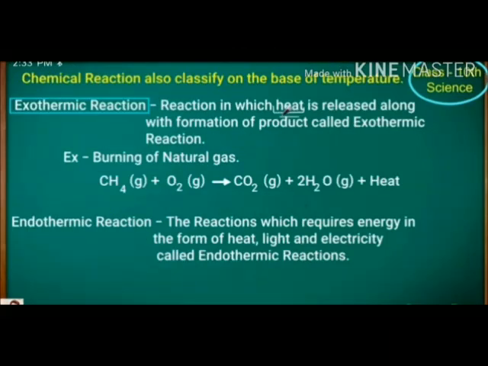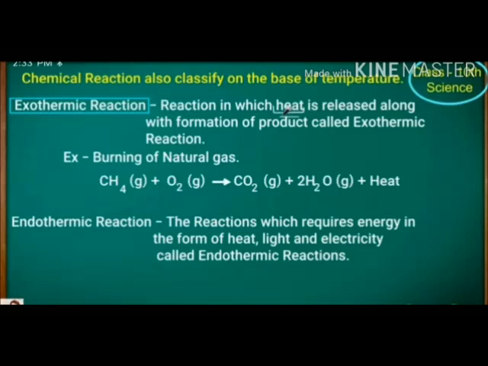Chemical reactions, the other two types, are also on the basis of temperature. Exothermic: the name indicates exo means heat releasing reactions. You can see the burning of natural gas, how the reaction takes place, and there is a release of heat. In endothermic reactions, energy is required in the form of heat, light, and electricity. Note the combination reaction, where two things are combining. Exothermic reaction is like a combination reaction. In endothermic reaction, heat, light, electricity is involved.